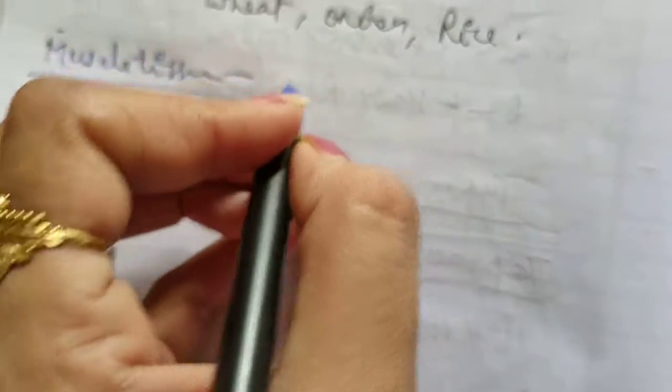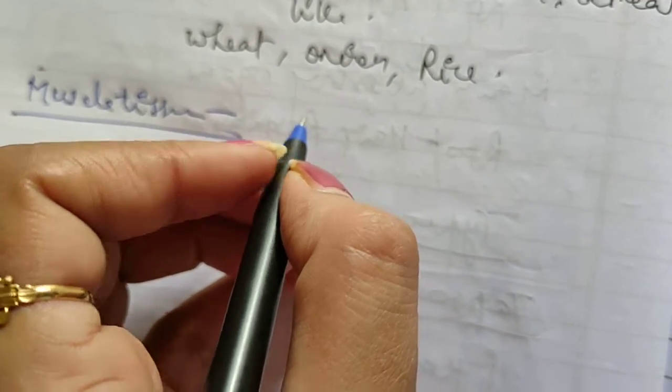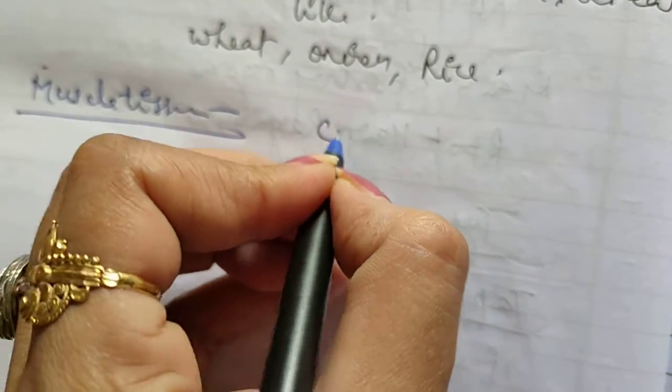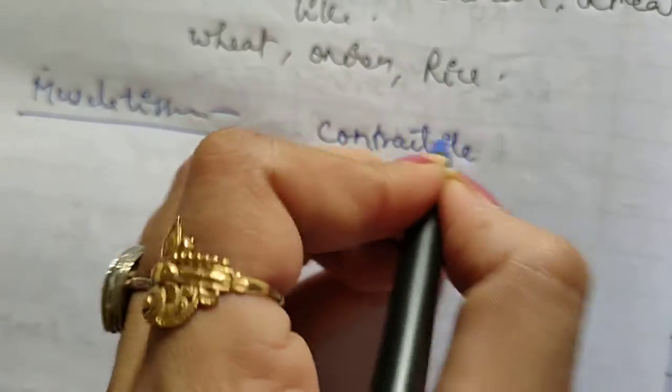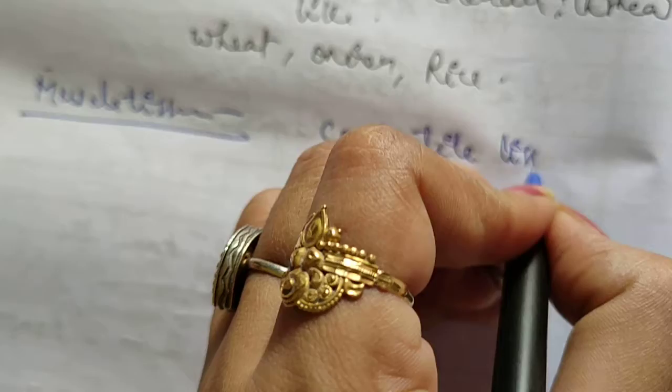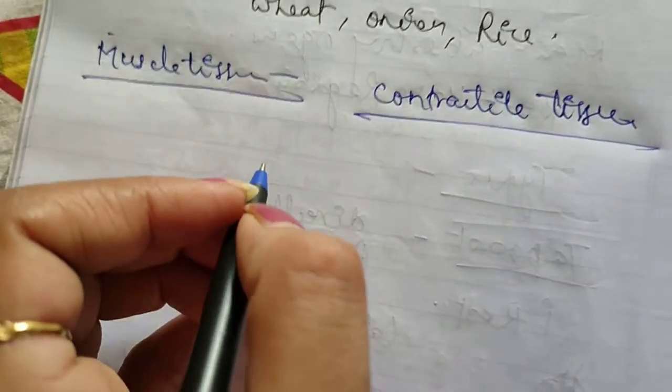So the muscle tissue or muscles of the body form the contractile tissue, and it is made up of muscle cells.